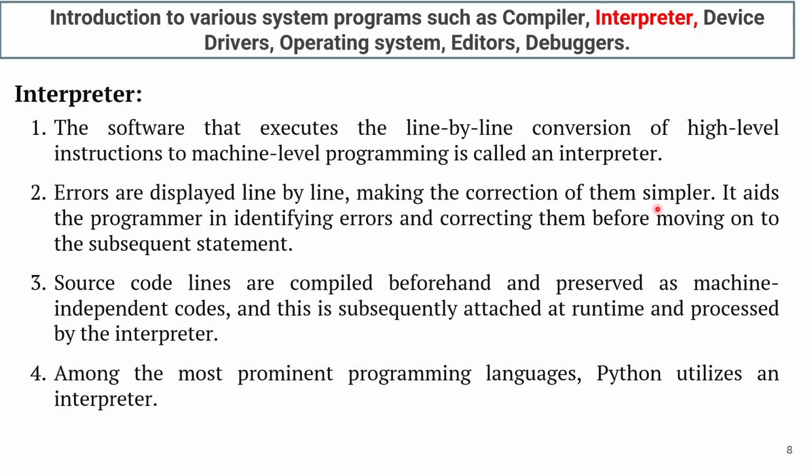But with Python, this task is simplified. It helps the programmer in identifying errors and correcting them before moving on to the next statement. Source code lines are compiled beforehand and preserved as machine-independent codes, and this is subsequently attached at runtime and processed by the interpreter. The most prominent programming language which uses an interpreter is Python.